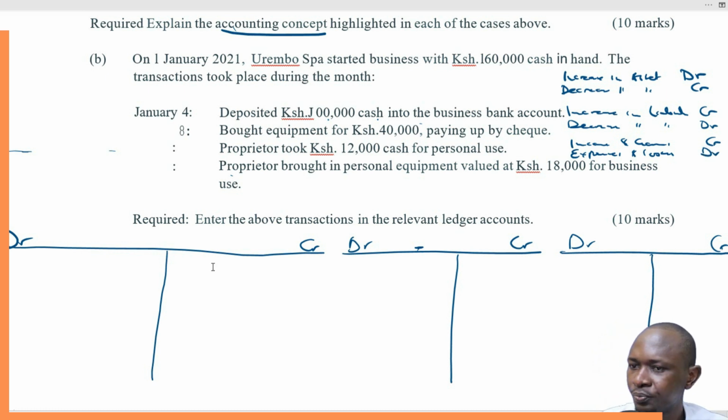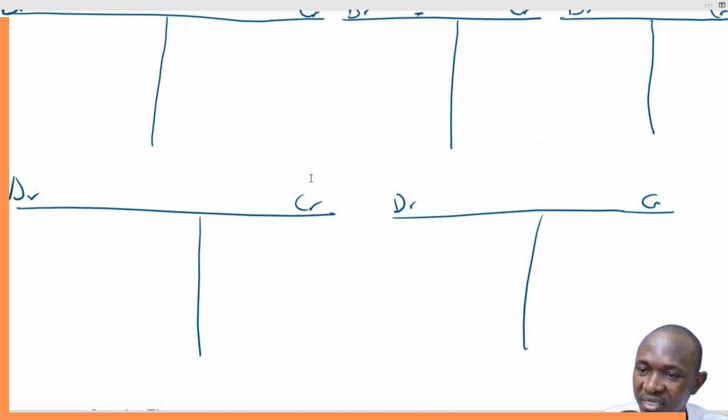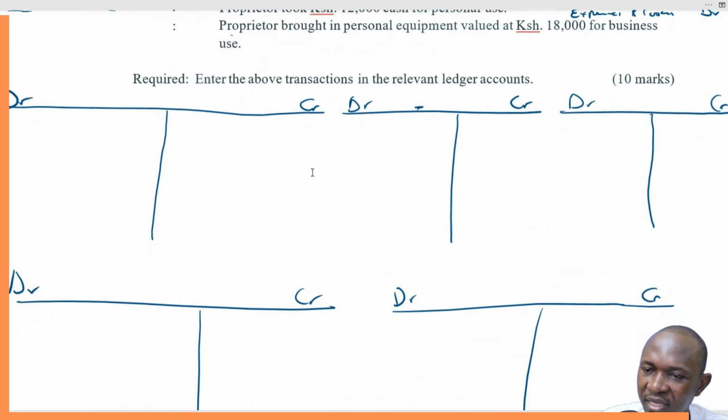So now let's go. On 1st January 2021, Urembo started business with 160,000 cash in hand. So he introduced 160,000 in form of cash to the business. The two accounts that are affected, which is very important, you must identify, are the cash account, which gained the money, and the capital account.